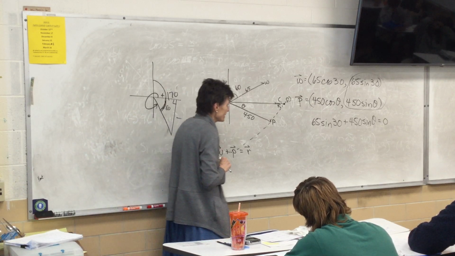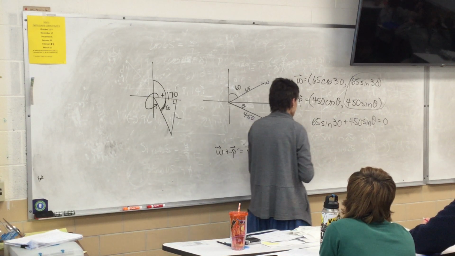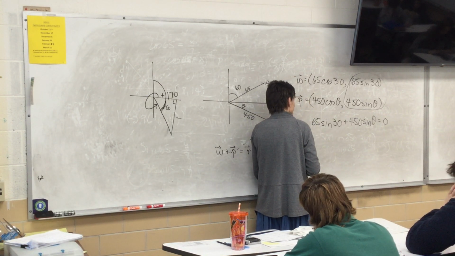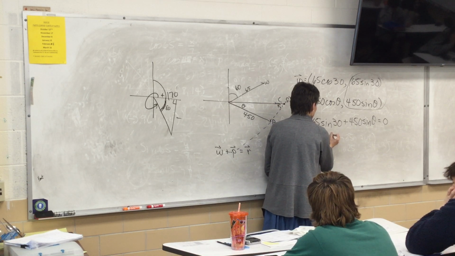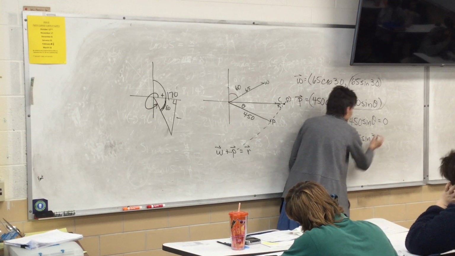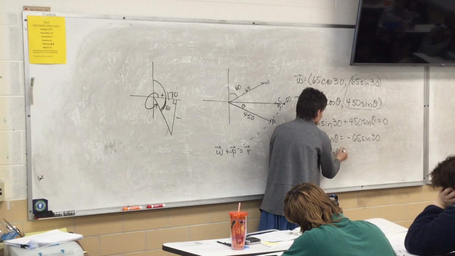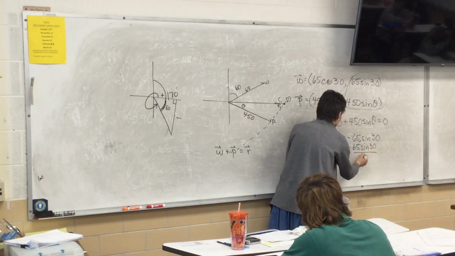Wow, that's a crazy equation. All right, let's see, 65 sine 30. Well, 450 sine theta equals negative 65 sine 30. Agreed? And so sine theta equals that over 450.